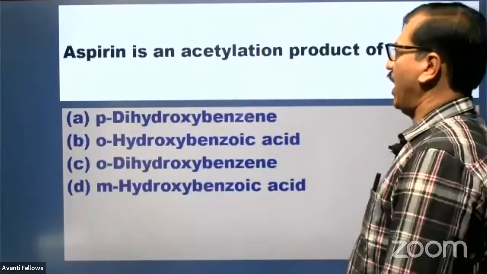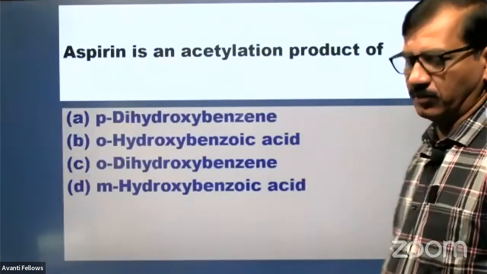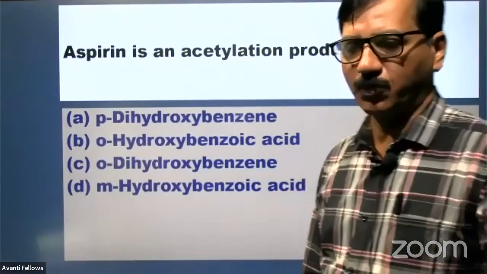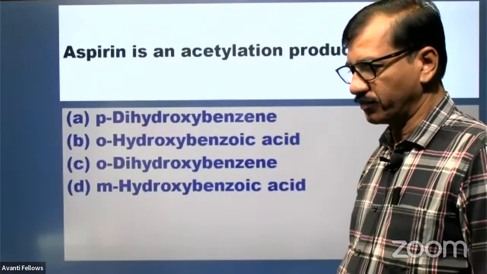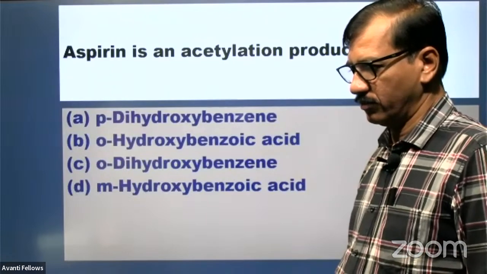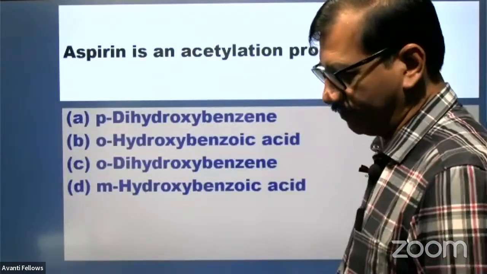Right. Aspirin is the acetylation product of. Good question. Aspirin, you should know the formula. Option B, sir. B. Very good.